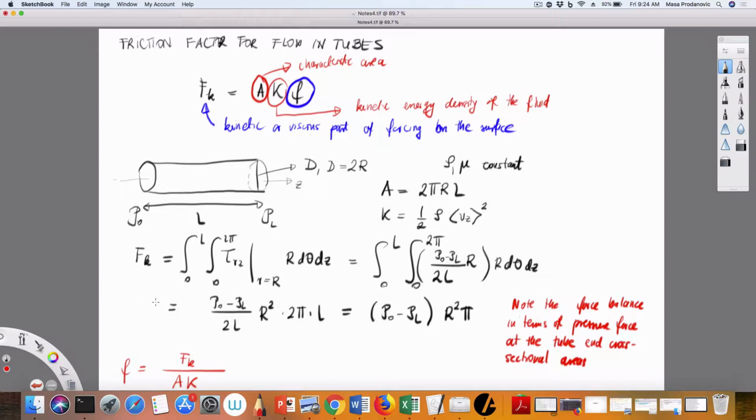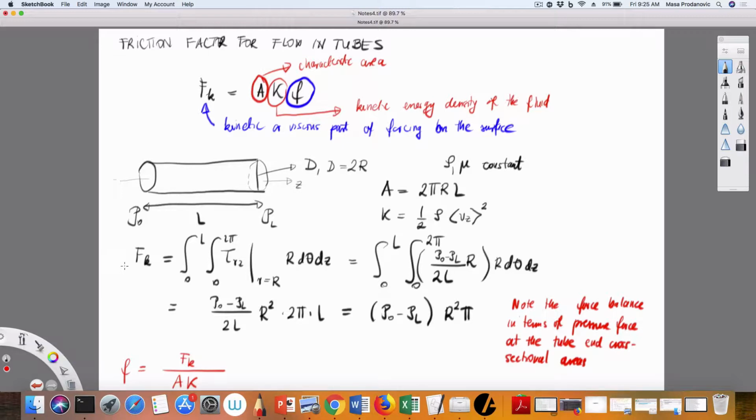So essentially, this formula evaluates to P0 minus PL, which are my generalized pressures at the ends of the tube, times the cross-sectional area of the tube. We notice that by integrating the viscous stress on the surface, it's balanced with the pressure forces at the ends of the tube. Okay, so this is what I call the kinetic force.